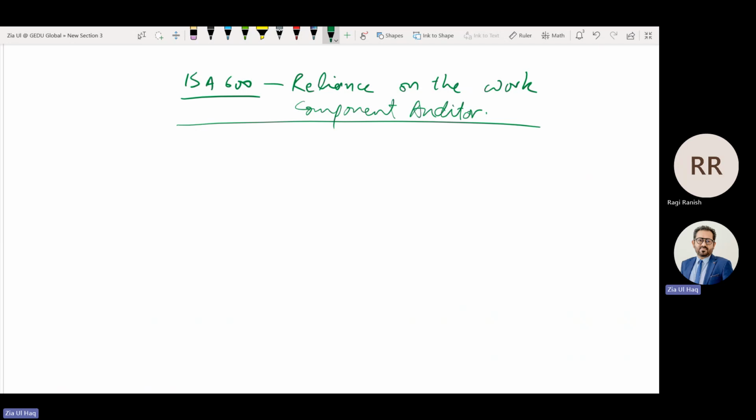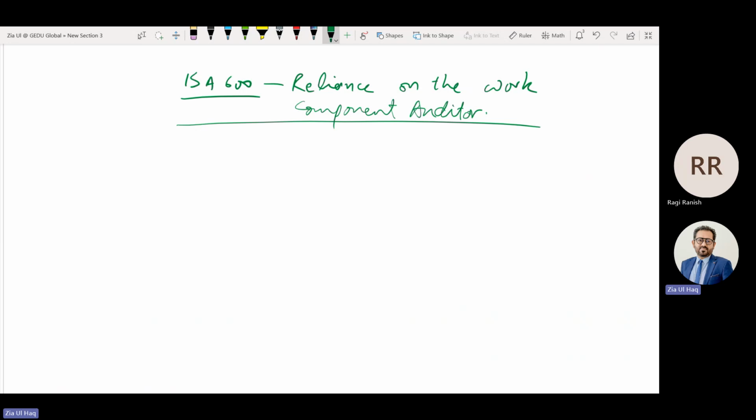Per ISA 600, we need to perform some procedures because the results from the subsidiary are going to be consolidated into consolidated financial statements. Who has verified those results? The component auditor. But if in future our report on consolidated financial statements proves wrong due to some problems relating to subsidiary results, who will be liable for that?